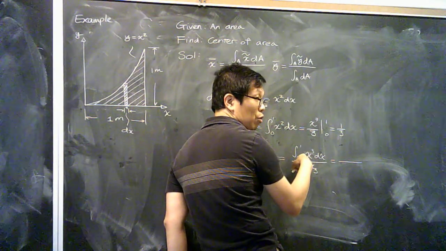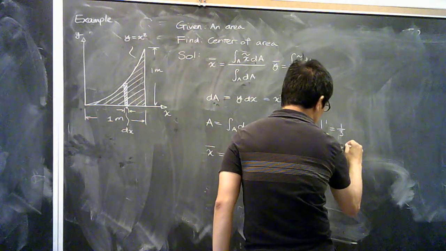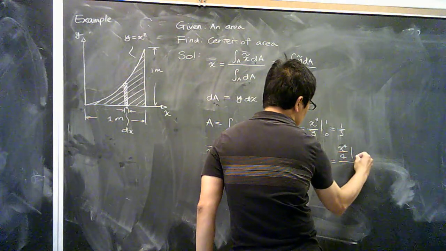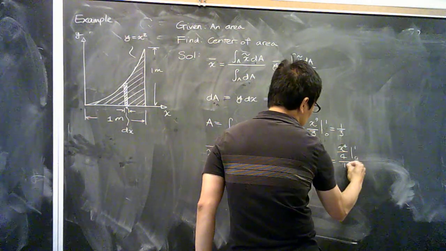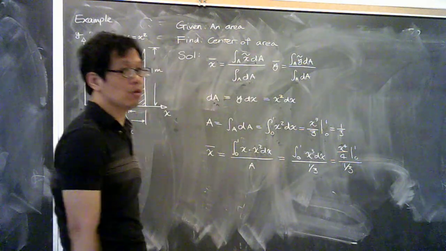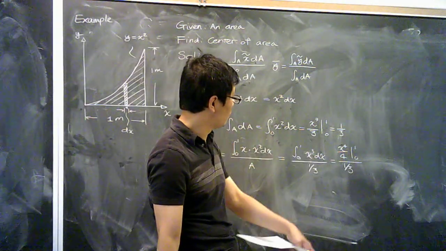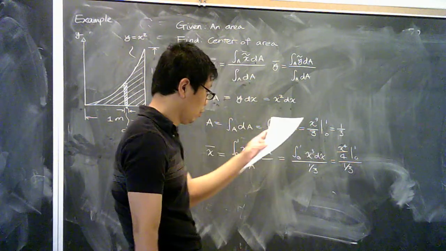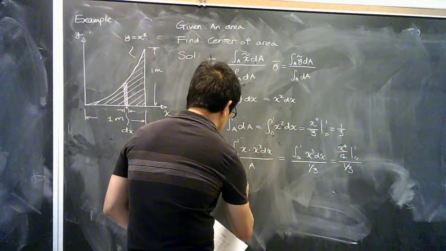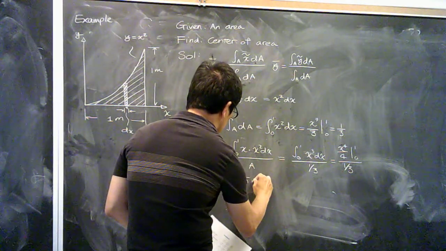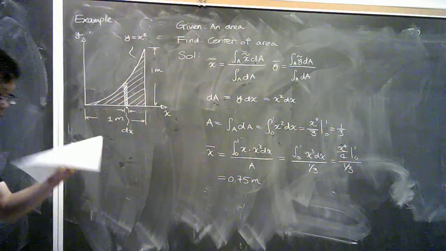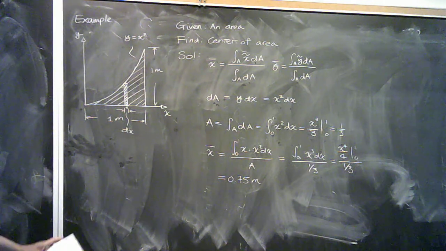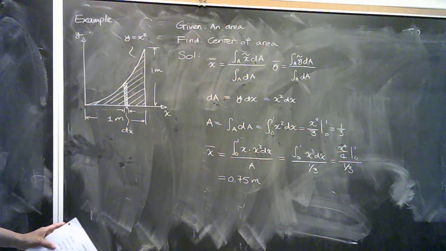Since we are integrating x cubed, it becomes the fourth order, x to the fourth divided by 4, from 0 to 1. The denominator is 1/3. Over here, this is 1/4, right? So if you do the calculation, you're going to find this is actually the centroid in the x direction. Is that clear? Everybody understand what I'm talking about?